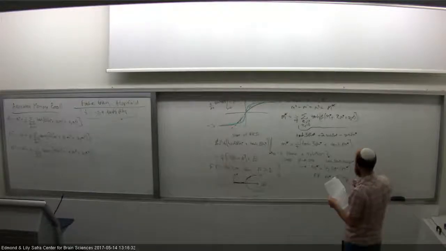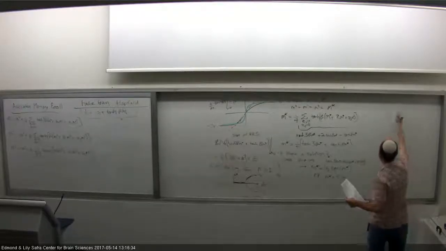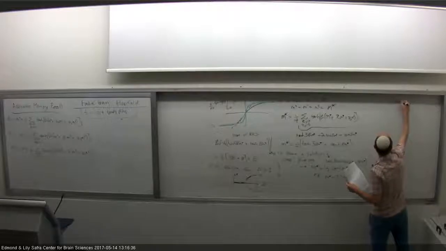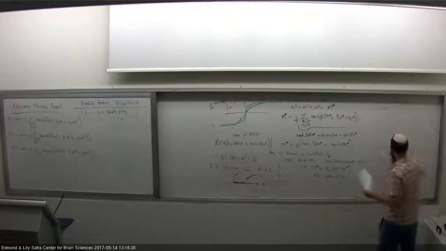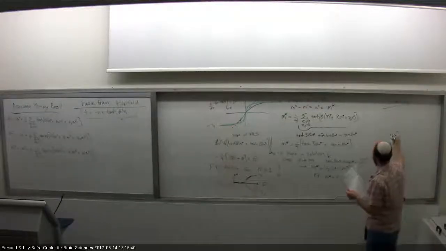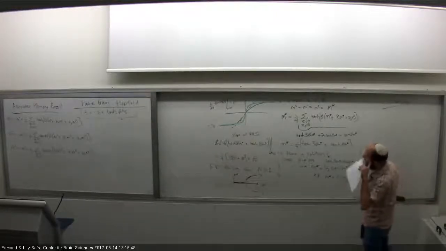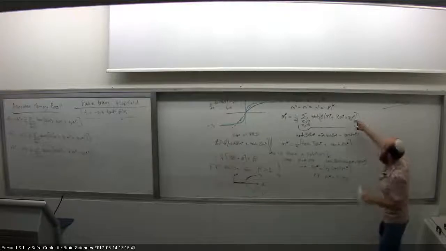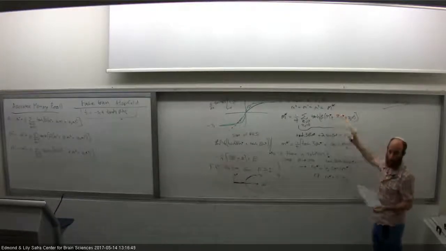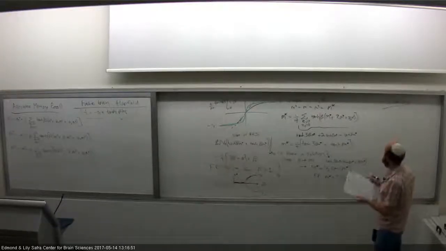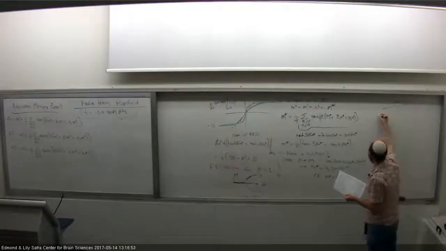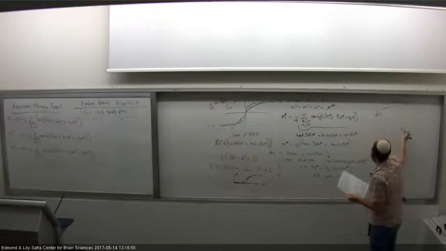Okay, so let's try to work out the stability of these kinds of fixed points. I'll write down the dynamics like this. We're at a fixed point m star, a uniform fixed point, m1 equals m2 equals m3, and now we're going to introduce perturbations to that fixed point.